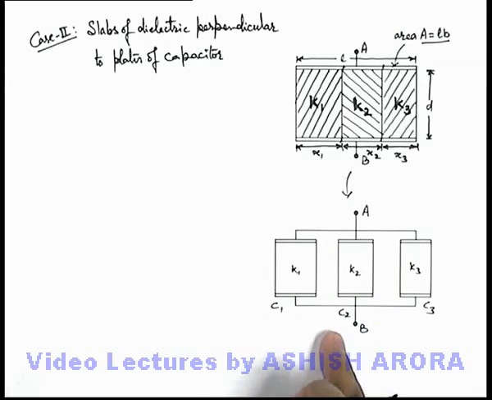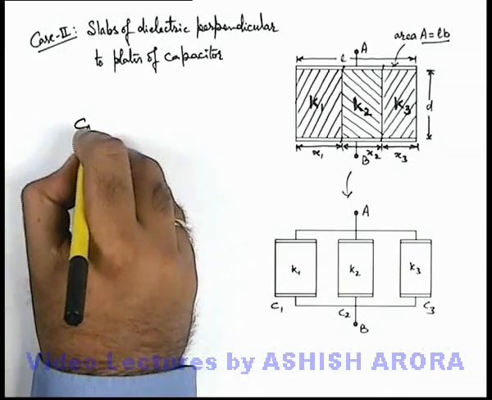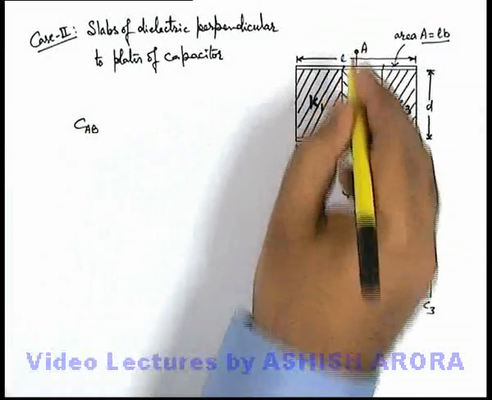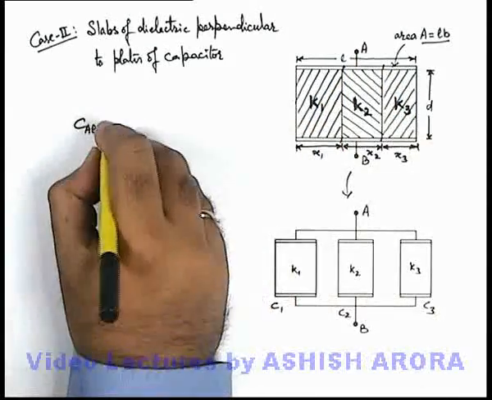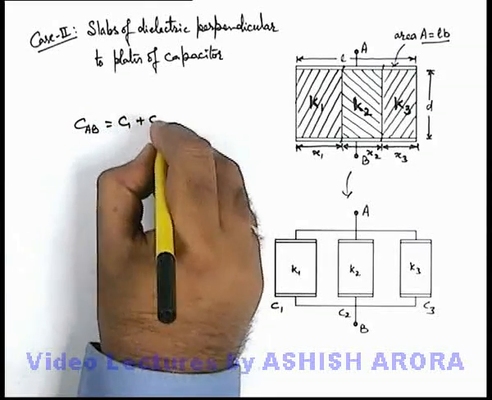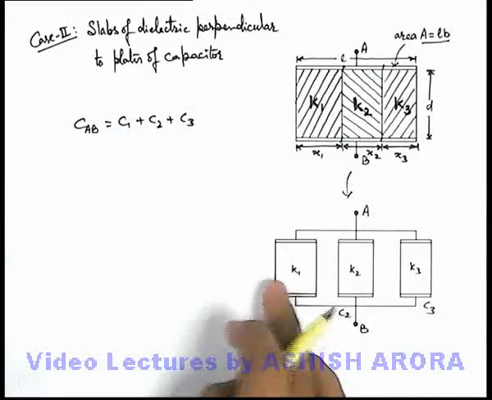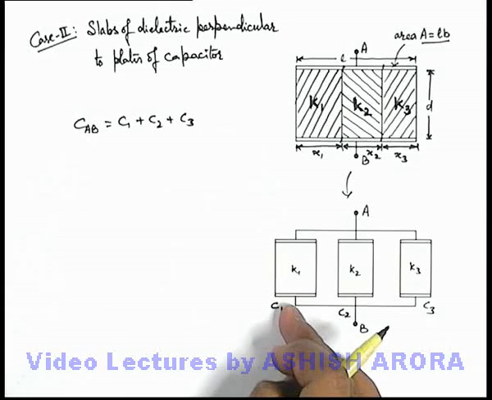So in this situation we can say the capacitance of the system across terminals A and B in presence of the three slabs can be written as C1 plus C2 plus C3, because the three capacitors are considered to be in parallel combination.